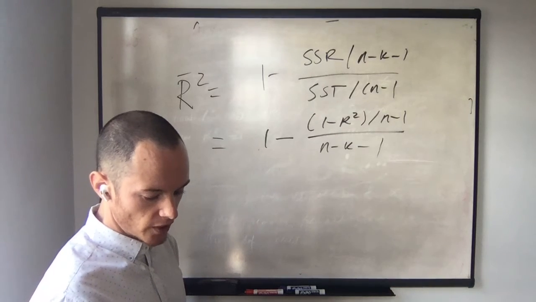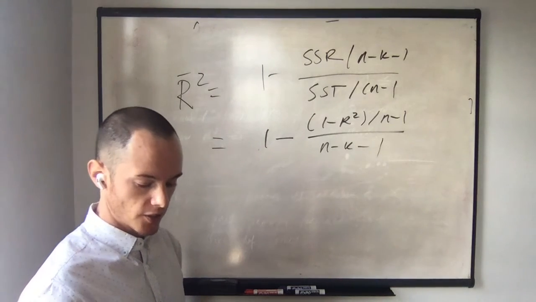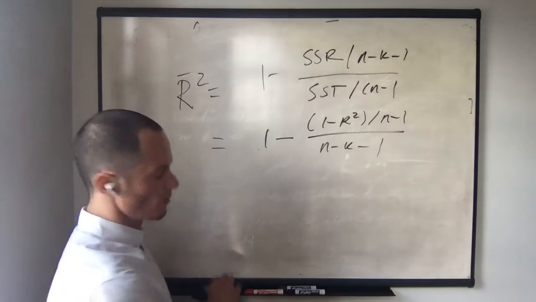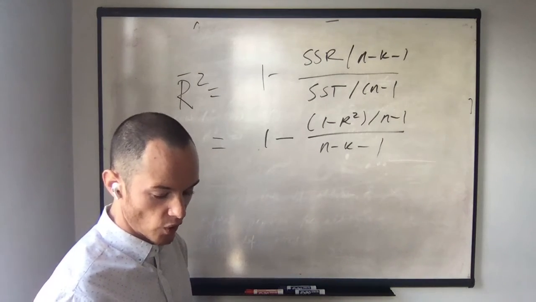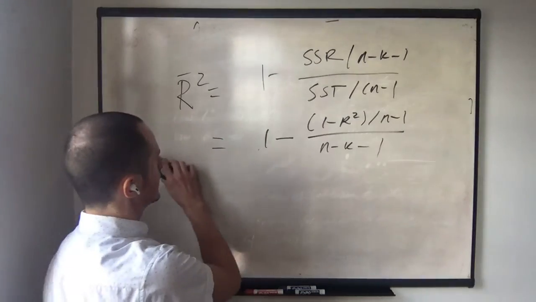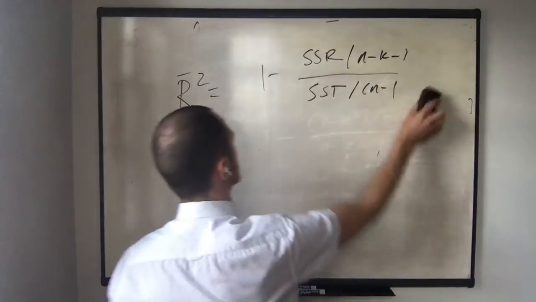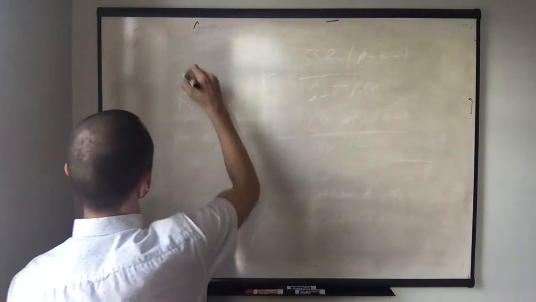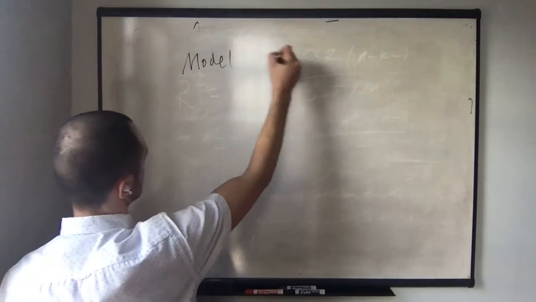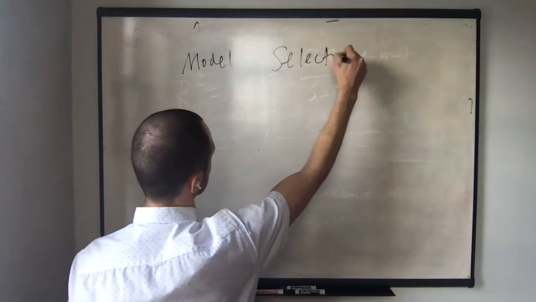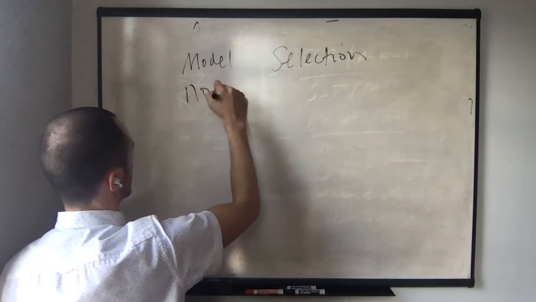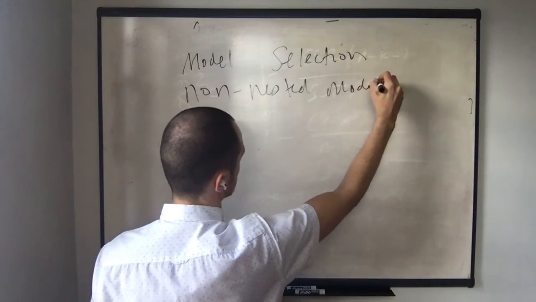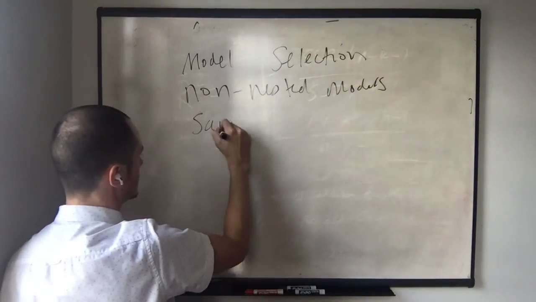Now, adjusted R-squared can be used for model selection of non-nested models, which is really great, as long as we have the same dependent variable.